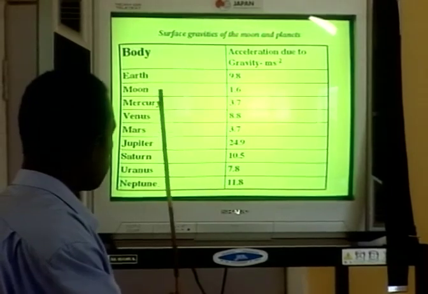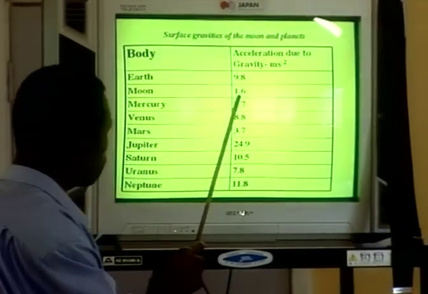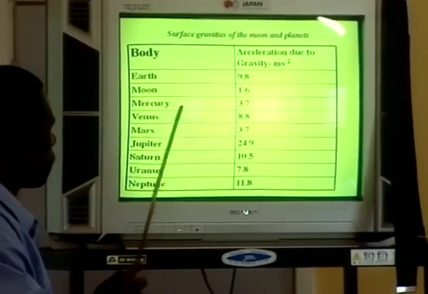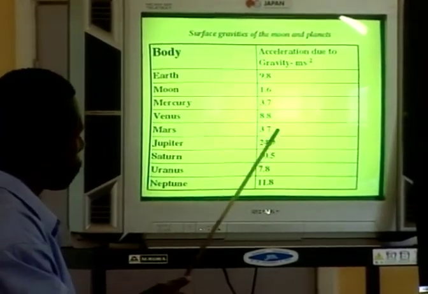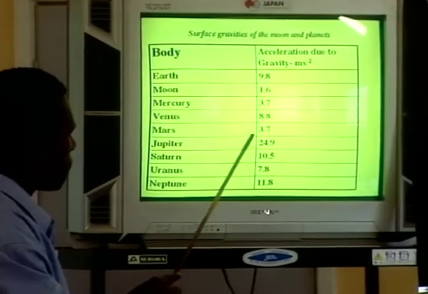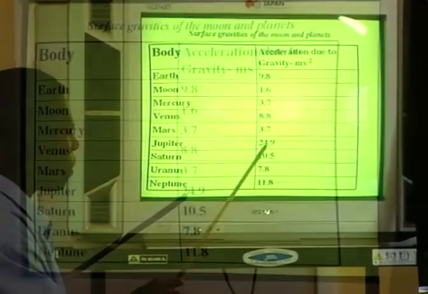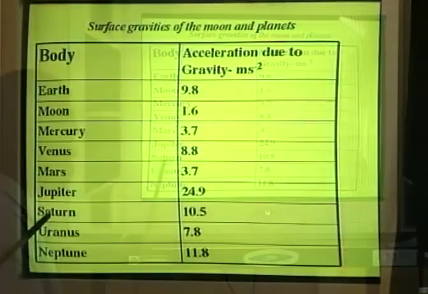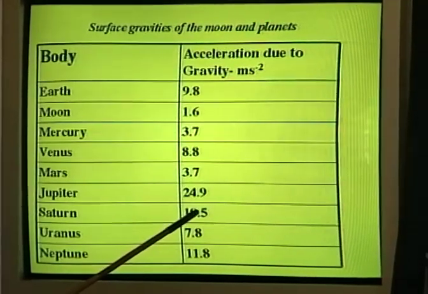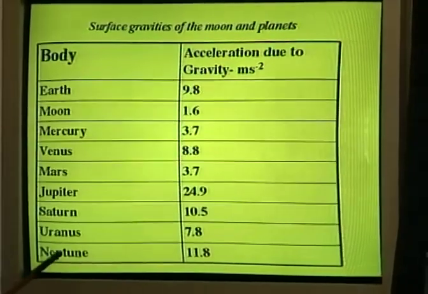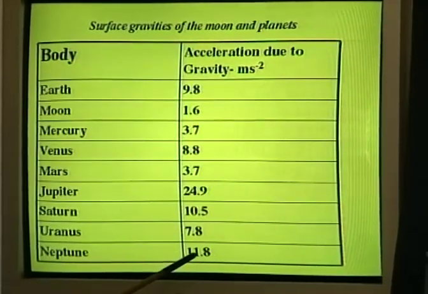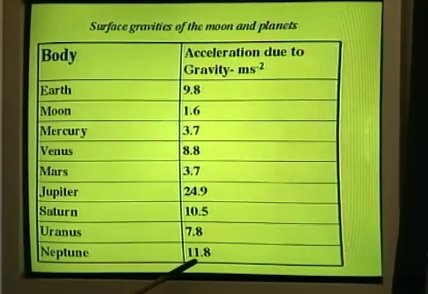Earth is 9.8, the moon will be 1.6, Mercury is 3.7, Venus will be 8.8, and you have Mars, which will be 3.7, Jupiter will be 24.9, Saturn will be 10.5, Uranus is 7.8, and Neptune is 11.8.